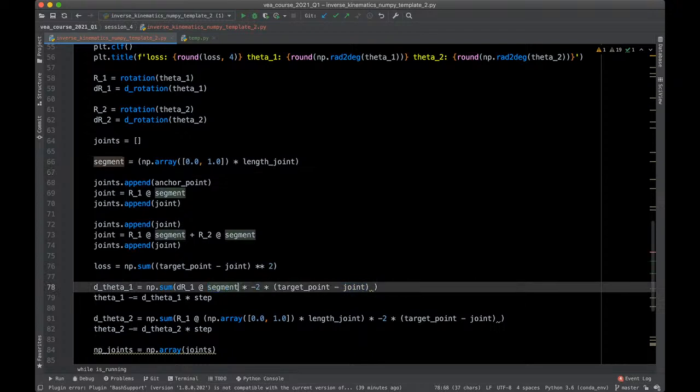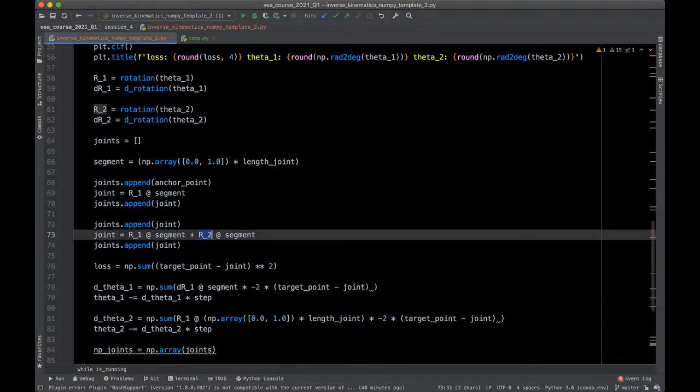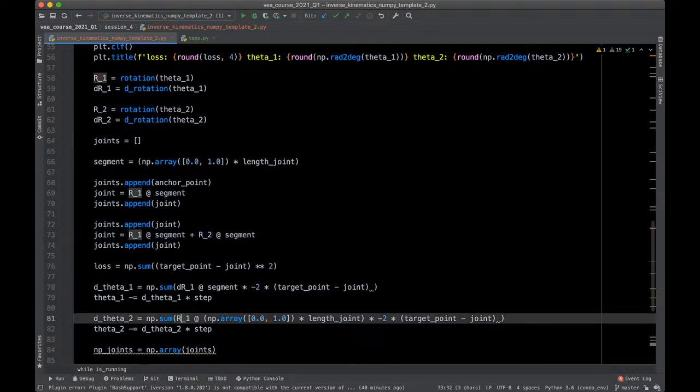So here there will be multiplication of the derivative of this guy plus segment. Then in the second part we have the derivative. So we need the second joint. The second joint is here, R2. And this part is the same. And then it seems like I don't need that first part, except maybe I forgot some line somewhere, because it doesn't seem right.